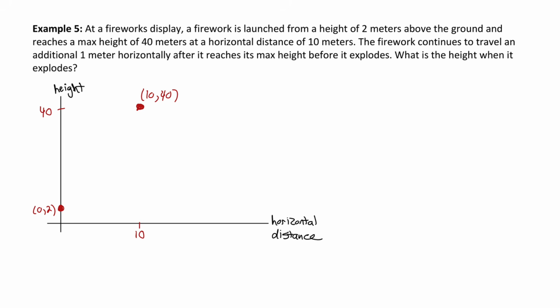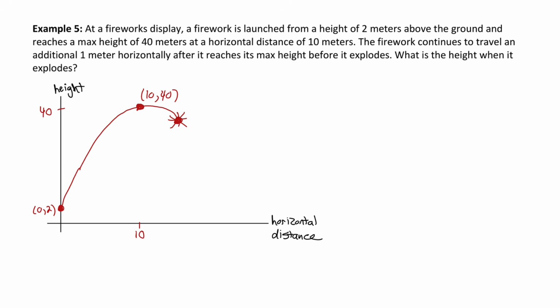And in all projectile motion, the object is going to go up, it's going to reach its max height, and then it's going to start to come back down. But what the question says, it only travels 1 additional meter horizontally after it reaches its max height before it explodes. So it's going to get to some point right here where it explodes. So there's going to be an explosion at that point.